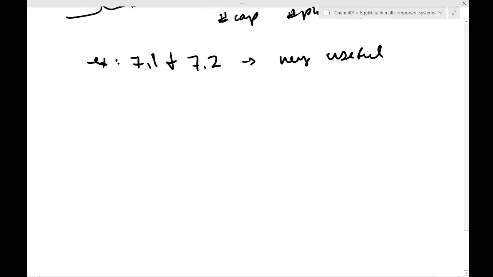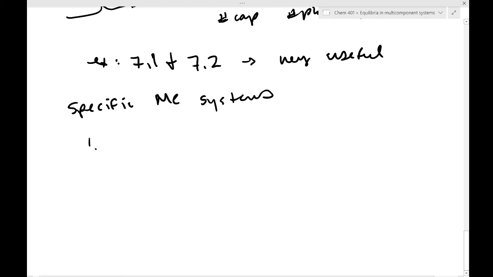Okay, now it's kind of useful to start talking about specific multi-component systems. Okay, because specific multi-component systems start behaving in similar ways. Okay, specific multi-component systems.